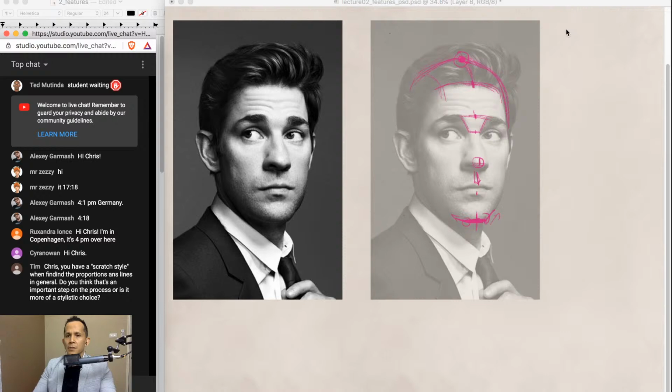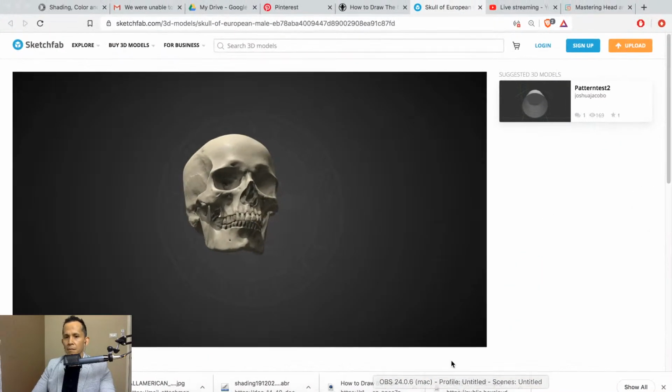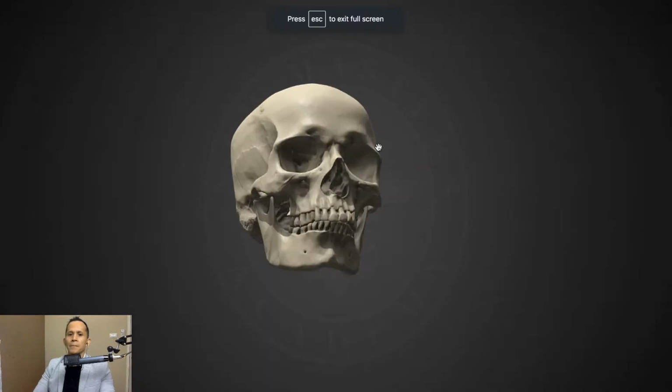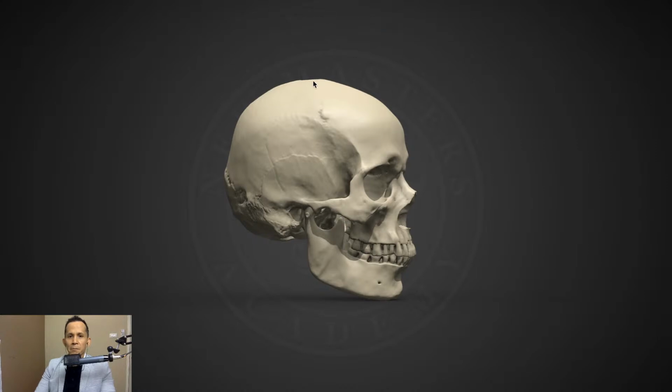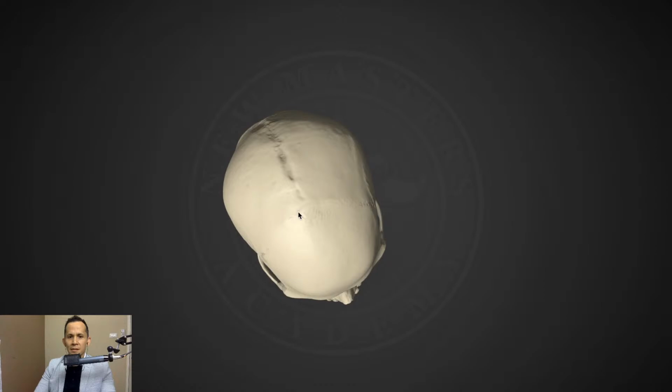And we'll go quickly to the model again. You guys see that little bump right there? See this little bump? That's the bump I'm talking about. See where these bones kind of meet?